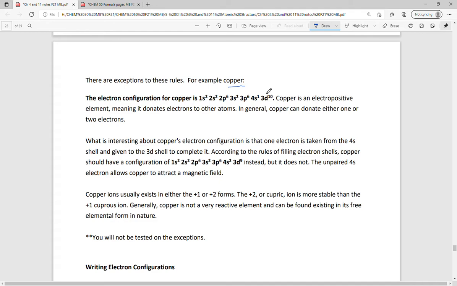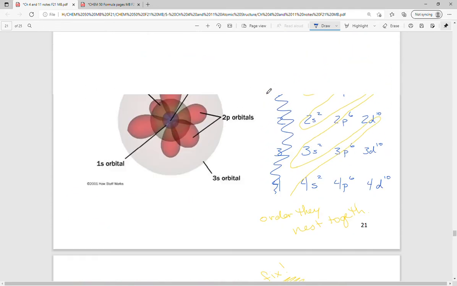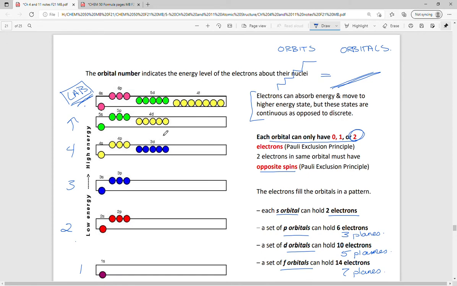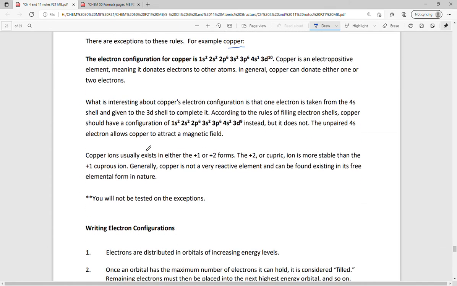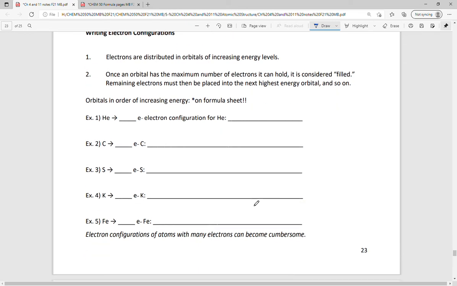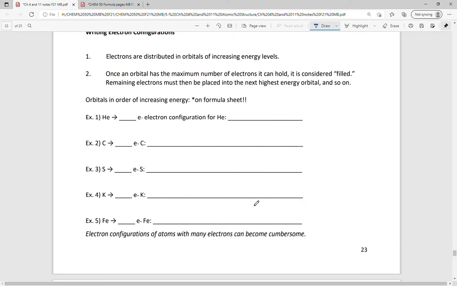When we take a look here, you can see just how close some of these electron levels are, and that's where you get these multiple valences. You're not going to be tested on the exceptions because they're a little bit weird and wacky, and chemistry seems to have a number of exceptions. But this electron arrangement gets us closer than the Bohr model did at understanding valence electrons and how the electrons are arranged for chemical reactivity and also the ions formed.